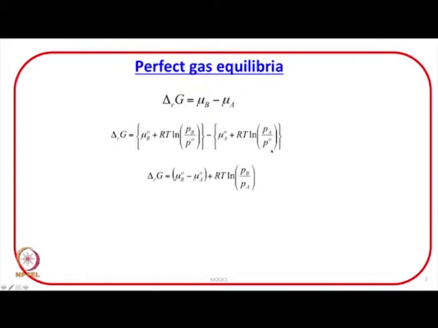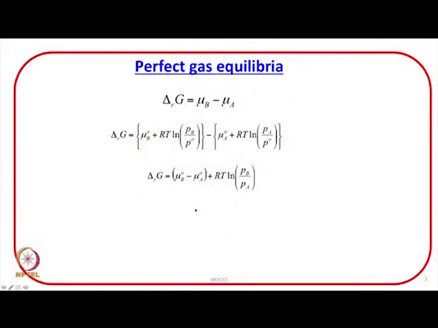P naught and P naught will get cancelled. But in any case, P naught is equal to 1 bar. But we will discuss later on that expressing in terms of P naught is very important, because it will help us in understanding whether the equilibrium constant has units or it does not have unit.